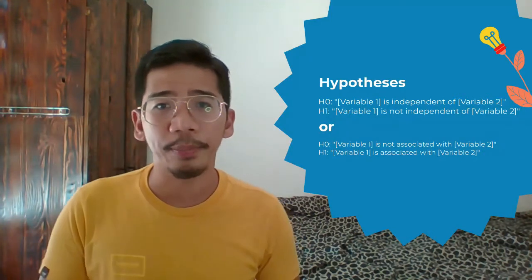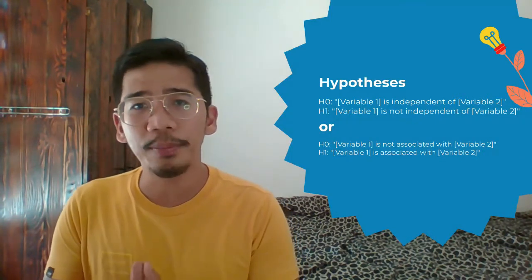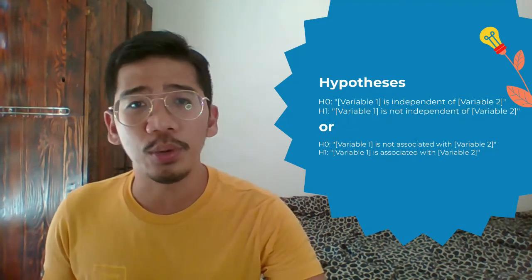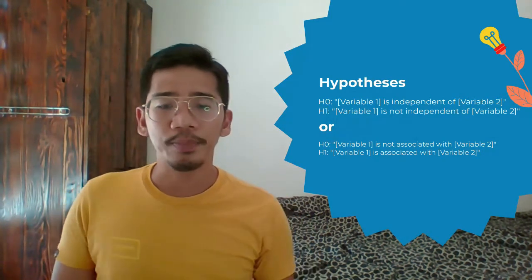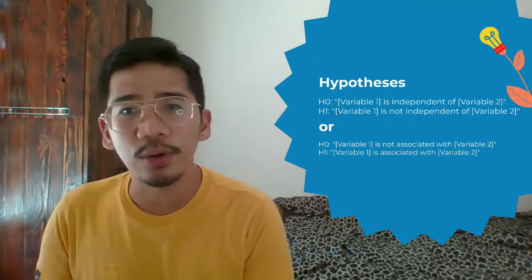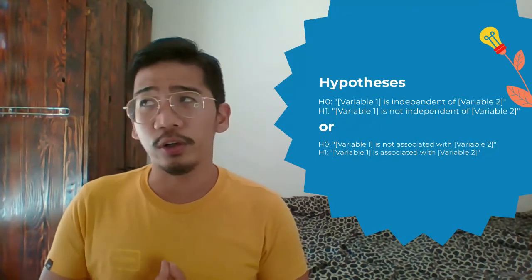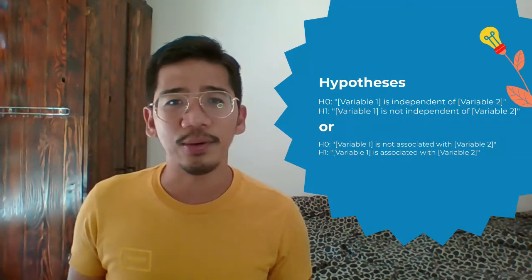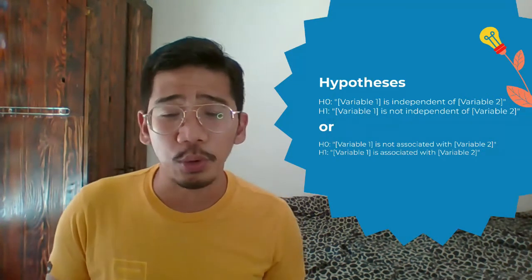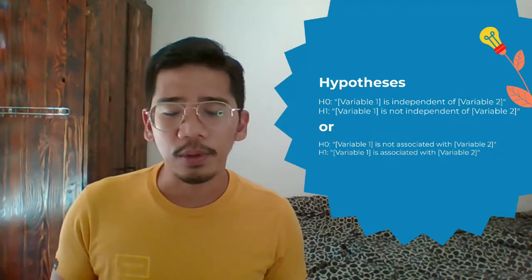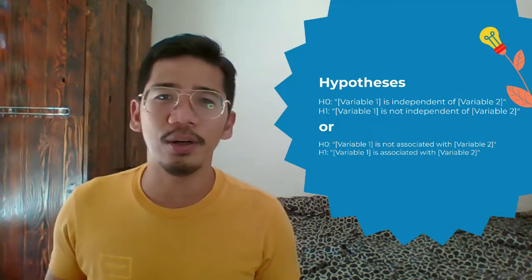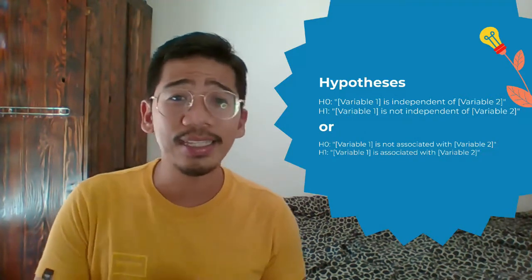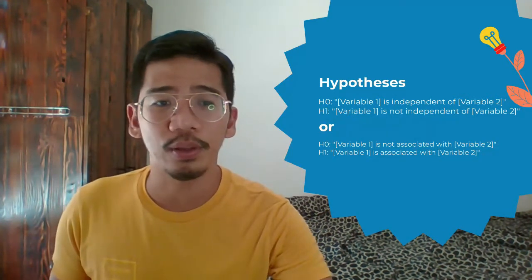For the alternate hypothesis, you can use variable 1 is not independent of variable 2. Or alternatively, you can use H0 or null hypothesis as variable 1 is not associated with variable 2, with the alternate hypothesis of variable 1 is associated with variable 2.